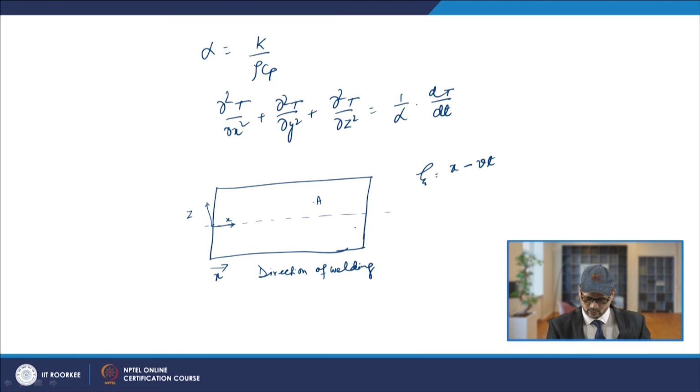Because of that change, we are changing the coordinate system with respect to the tip of the electrode, and zeta we are taking as x minus vt, where v is the welding speed and t is the time taken by welding.